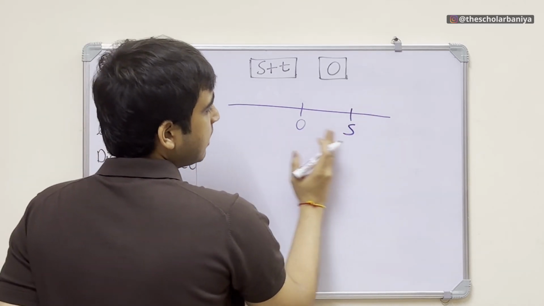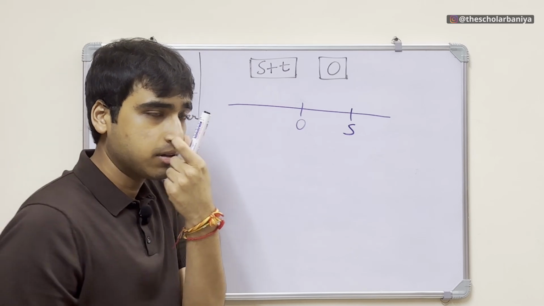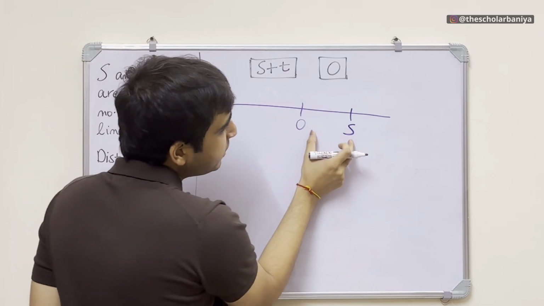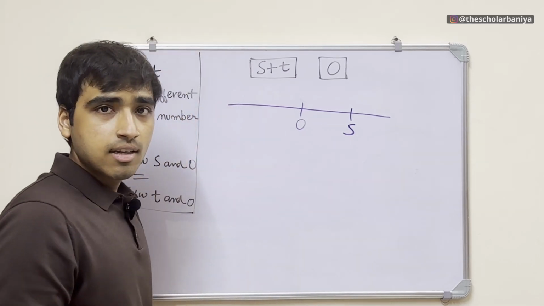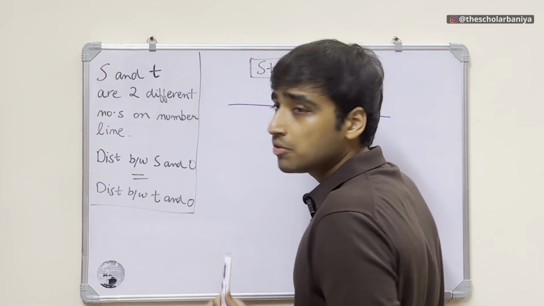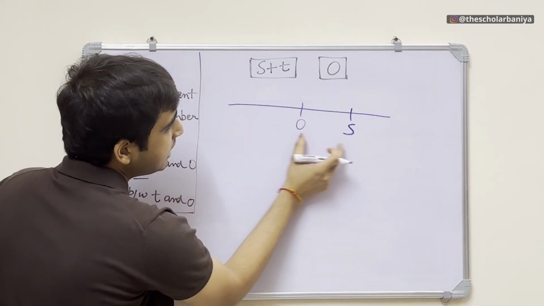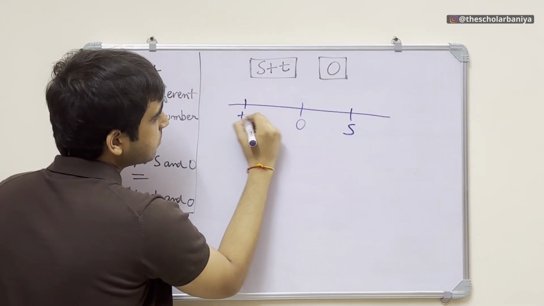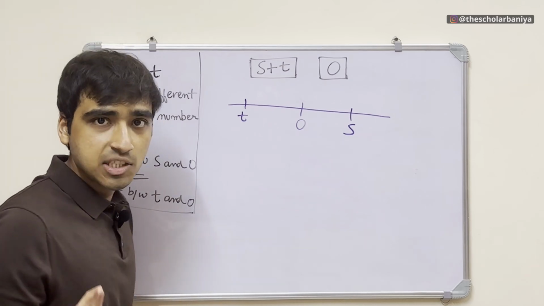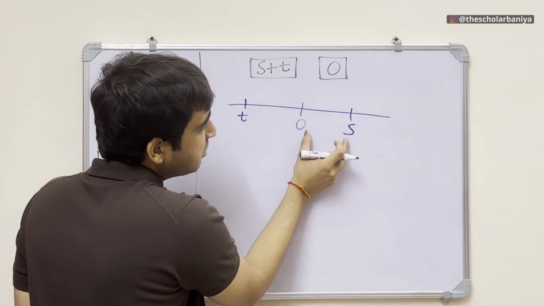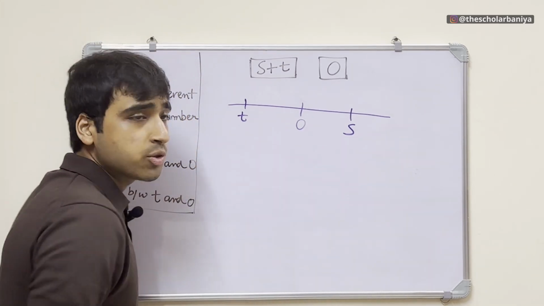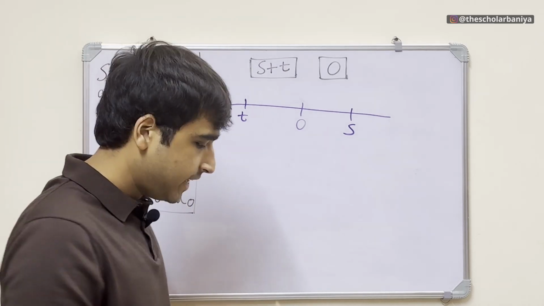This is a number line, and let's assume that S is over here. So we know that the distance between S and 0 is equal to the distance between T and 0. This means T should be somewhere over here. I mean, this is the only possibility, right? That the distance between S and 0 is equal to the distance between T and 0, right?